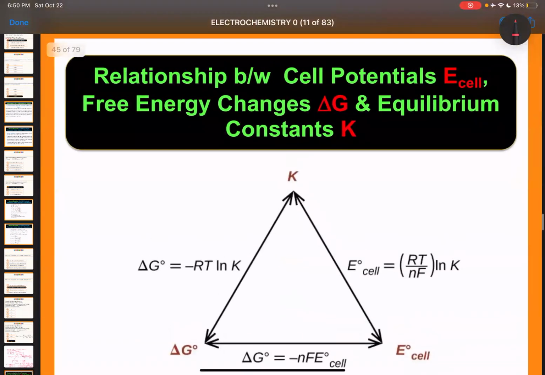So next is the relationship between the EMF of the cell, the Gibbs free energy change and the equilibrium constant. How are we going to find it out?